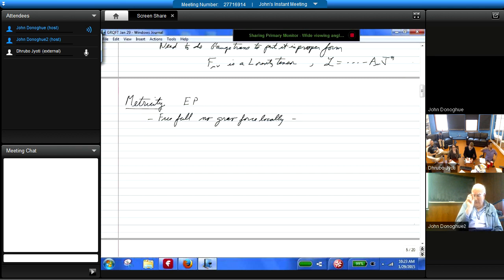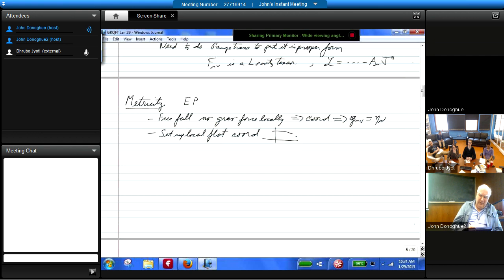So there are coordinates such that g mu nu in these coordinates can go into eta mu nu. We also use the equivalence principle to set up coordinates, so you imagine sending out light beams and stuff like that to map out little coordinates locally.